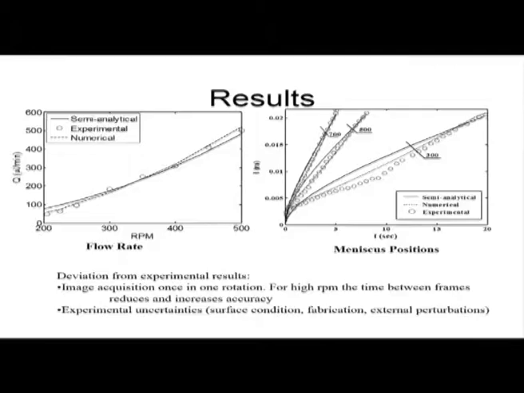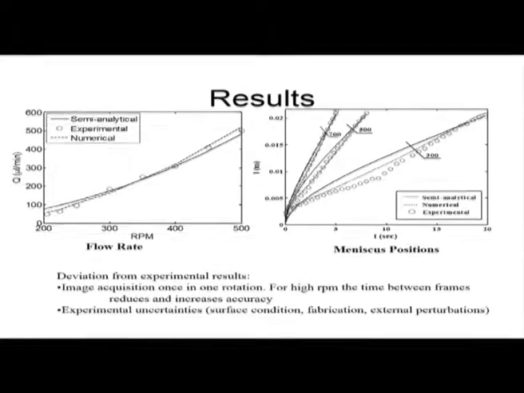Some results: you can see the semi-analytical, experimental and numerical. Semi-analytical is the reduced order model, experimental is of course what you observe from experiment, and numerical is the CFD volume of fluid that we used.